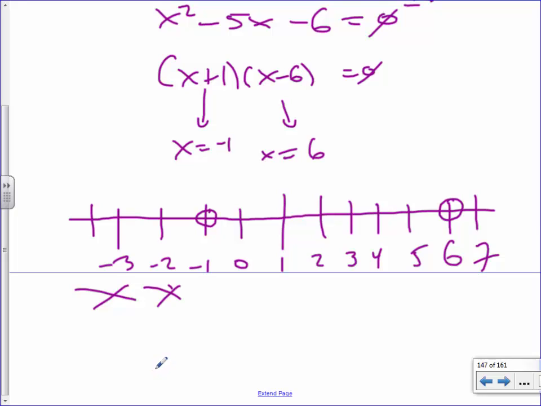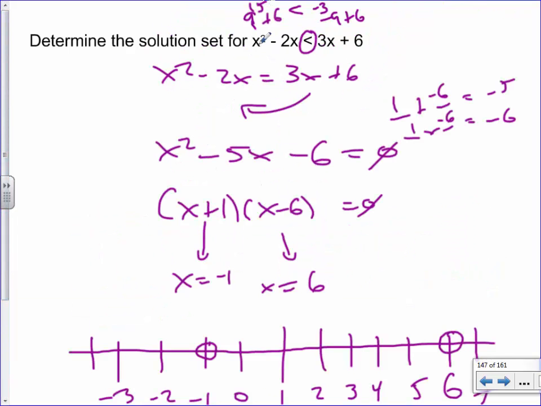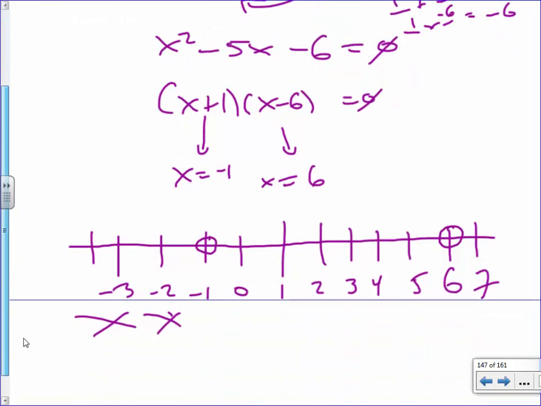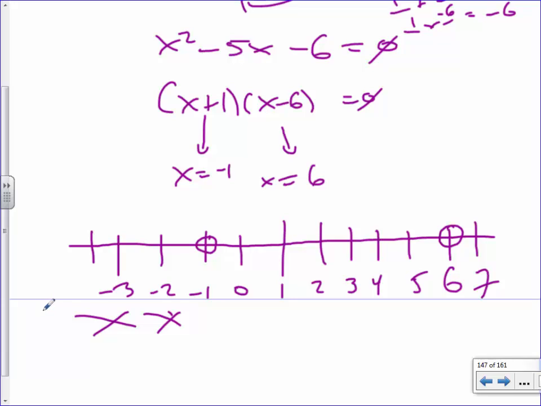Now pick a number that's somewhere between negative 1 and 6. 4 works. I prefer 0 myself. You can do 4 if you want, though, but I'm going to do it for 0. That's 0. That's 0. That's 0. That's 6. Is 0 less than 6? It is. In theory, then, every number in this region of the graph should work. So you could try the rest of them if you want, but this is the whole point behind a solution set.